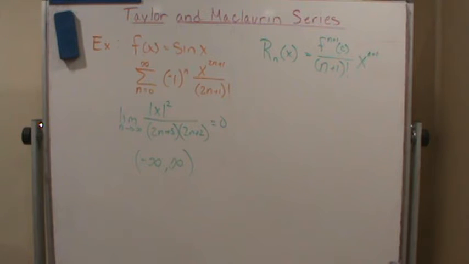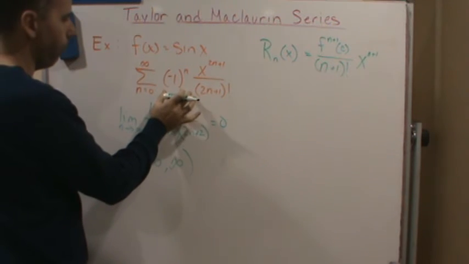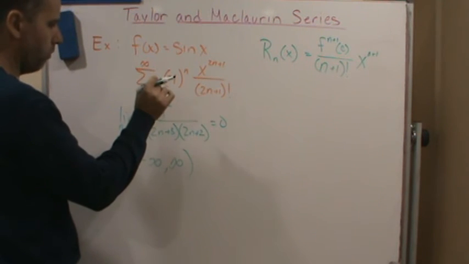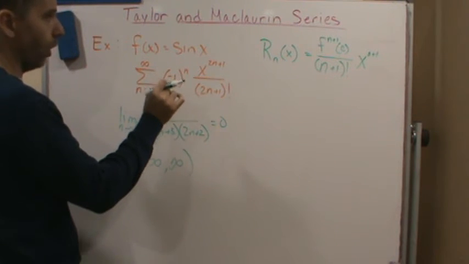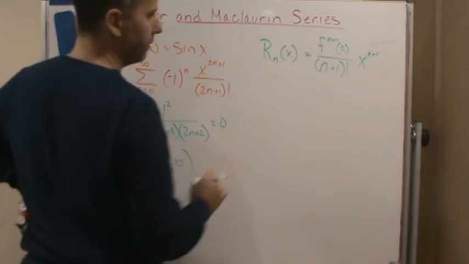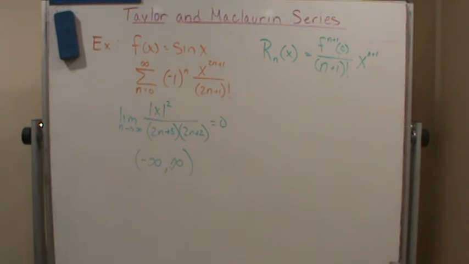Now, since we know this, the absolute value of the nth derivative is less than or equal to 1.